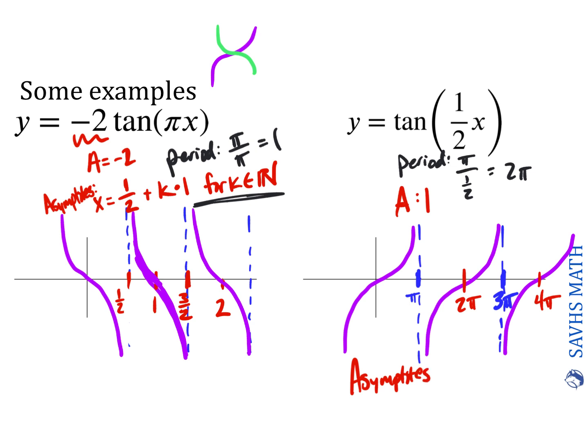Let's just talk really quickly about the asymptotes. We take our first asymptote, which is at x equals pi, and then we're adding multiples of the period. So 2 pi k for k in the counting numbers, which is the natural numbers. I suppose that's wrong. I suppose it should be the integers.